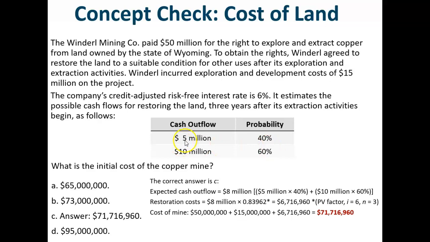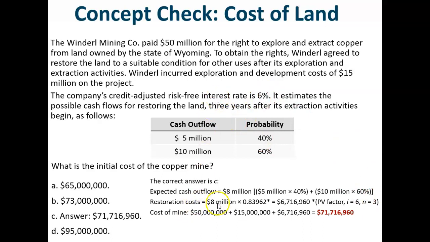That's $5 million times 40%, plus $10 million times 60%, for a total of $8 million of possible cash flows for restoring the land, times the present value factor, where I equals 6% and N equals 3.